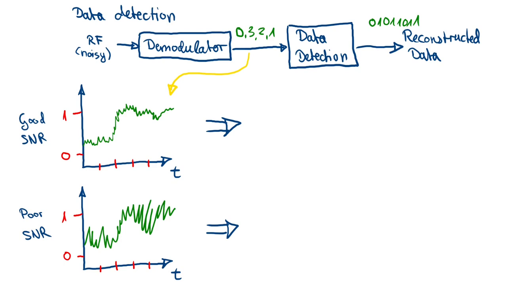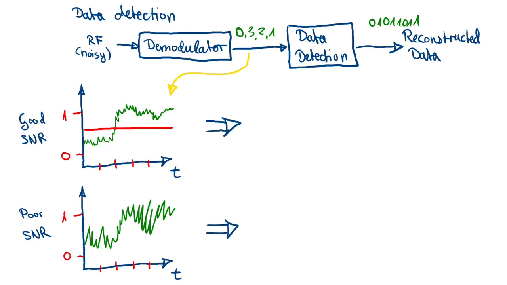So here is an example where we have two symbols, 0 and 1. And so the data detector just puts this red line here in the middle between the two symbols, and everything that is below this red line is 0, and everything above the red line is a 1.